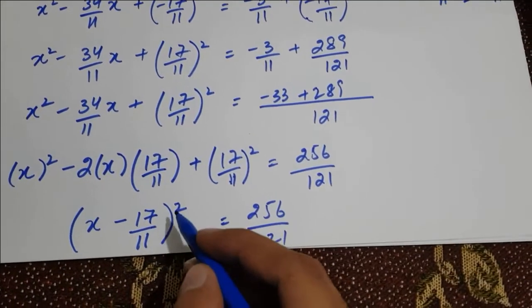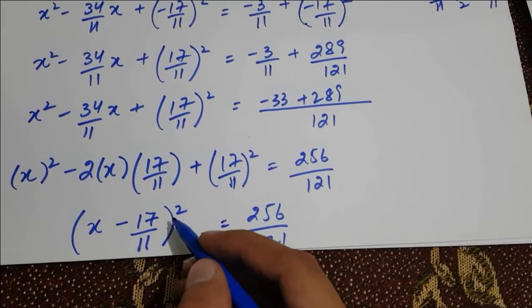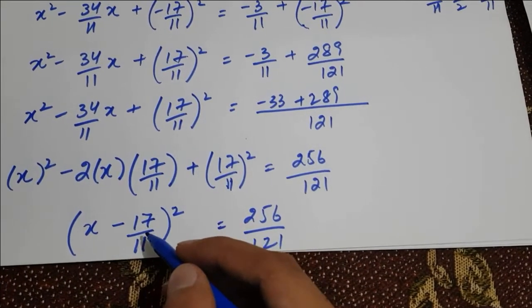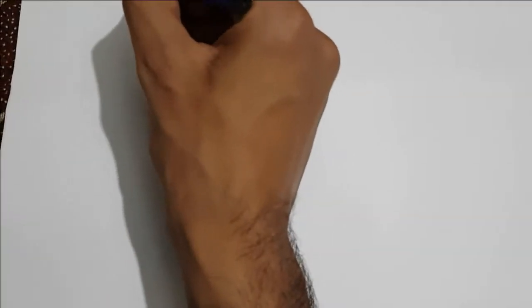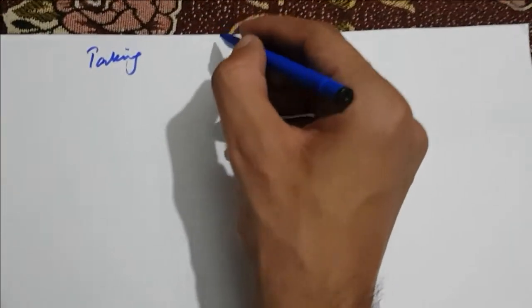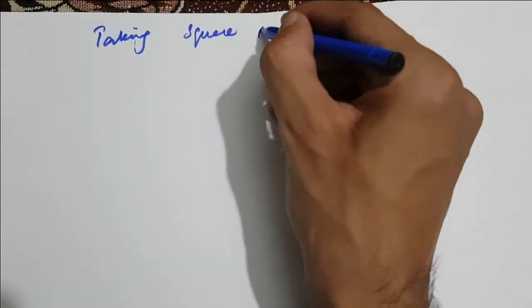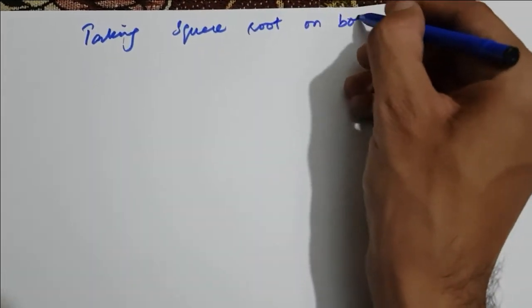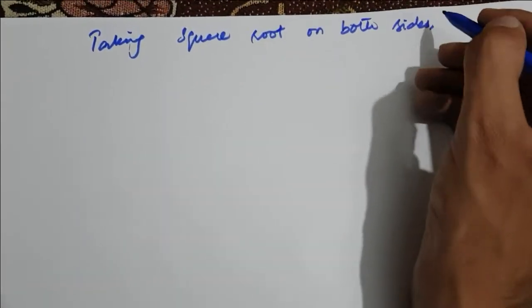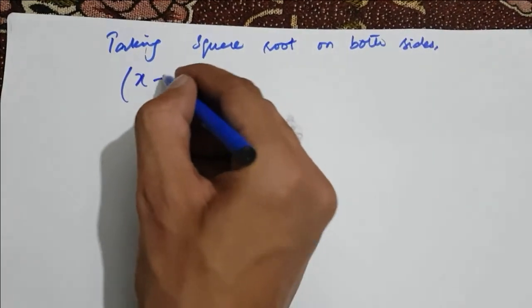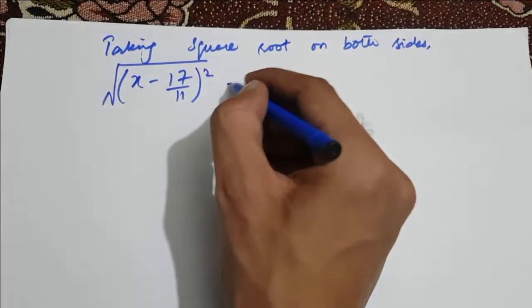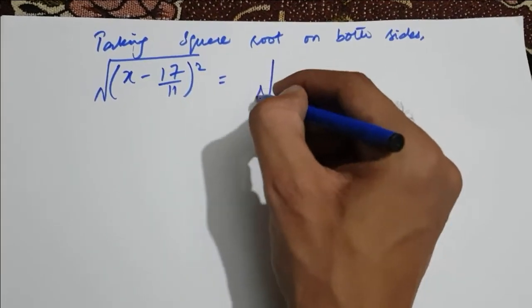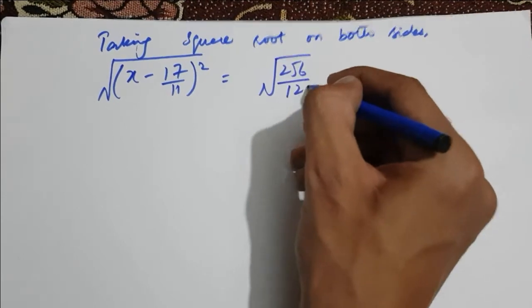So since we have to get the value of x and it is in square, so we have to take the square root of the above equation. So we apply square root on both sides. We get x minus 17/11 whole square, square root is equal to square root of 256 over 121.